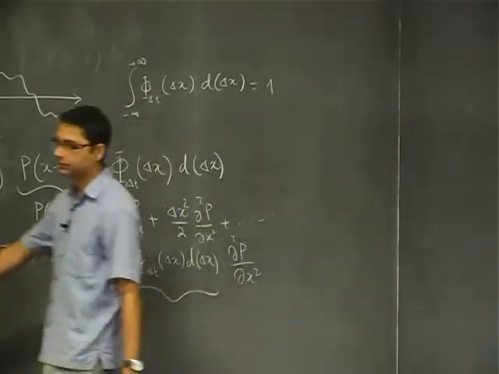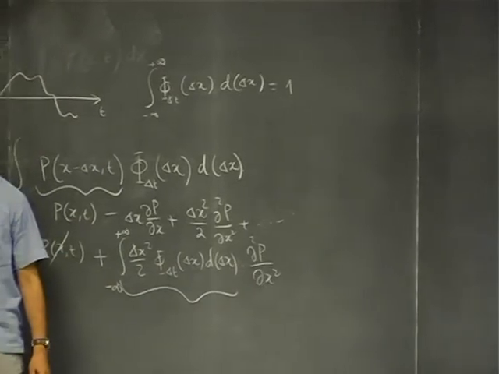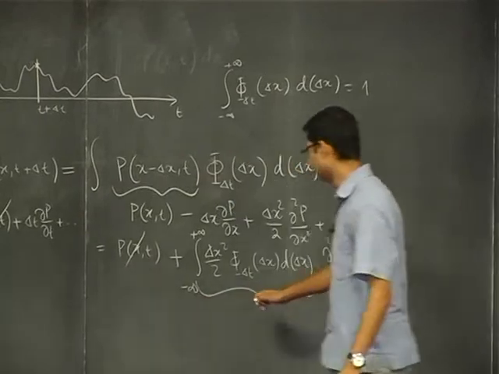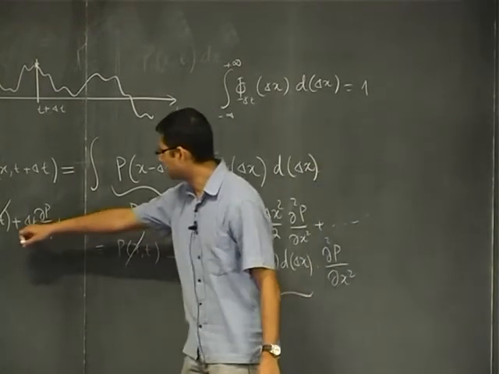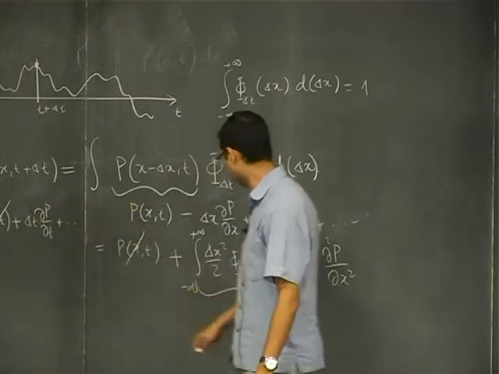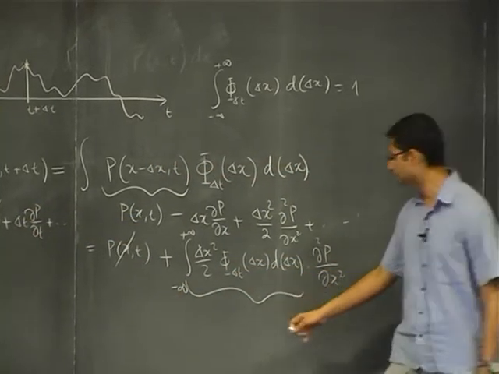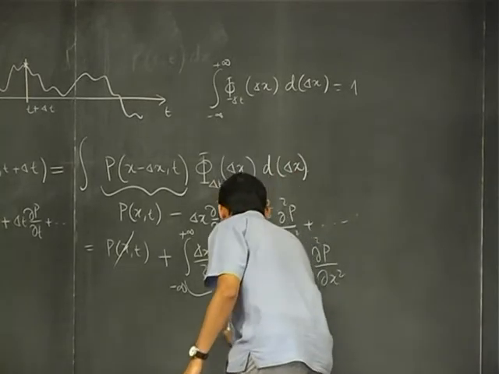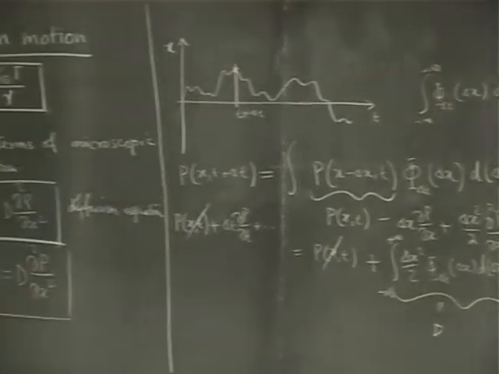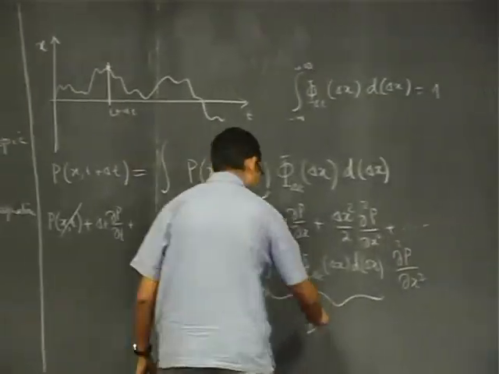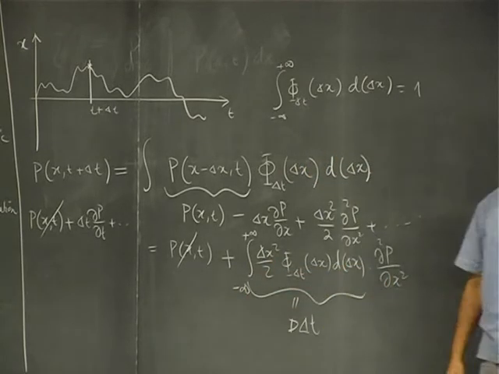This is delta t del P del t, so this I have to put as D. If I put this is D, then this is the same as this equation, D delta t. This is the same as that equation.